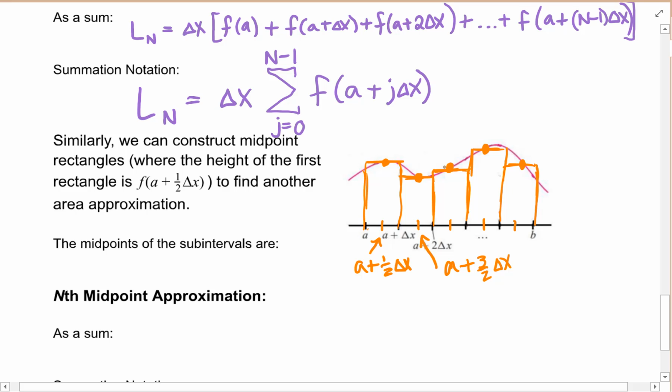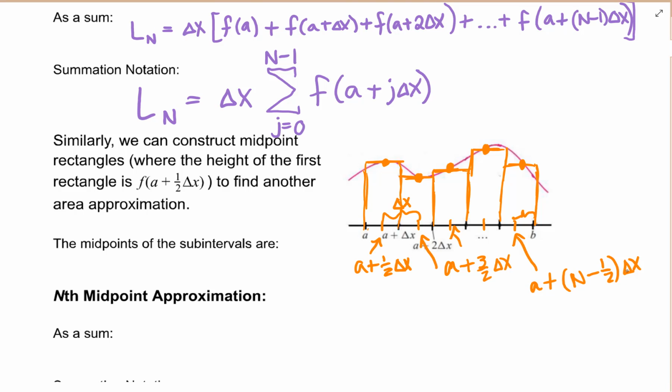A plus 1/2 delta x plus another delta x, because this distance right here is also delta x. Ooh, how do we call this one? This is a plus, similar to the left endpoint, n minus, but not minus 1, right? Minus only 1/2 times delta x will get you to your last midpoint subinterval.